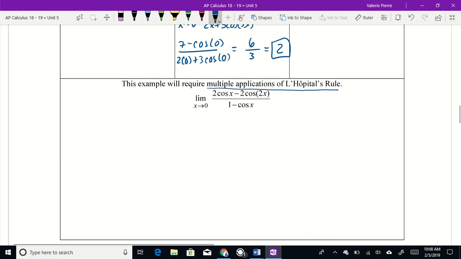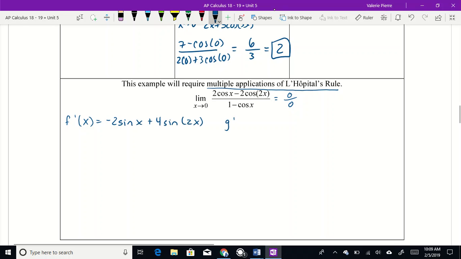So for this problem, I want to first make sure that I do get an indeterminate when I directly substitute. So when I directly substitute 0, I get the indeterminate 0 over 0. So the derivative of the numerator is equal to negative 2 sine x plus 4 sine 2x, thanks to chain rule.